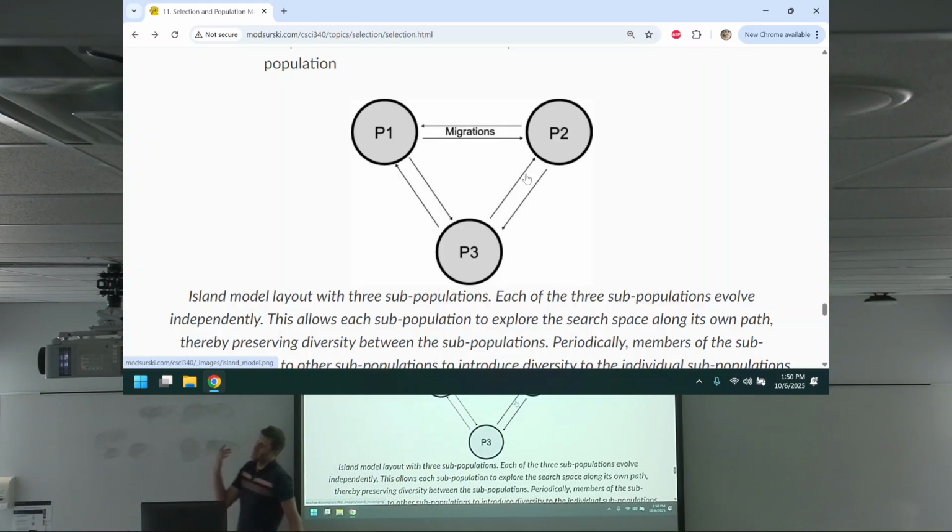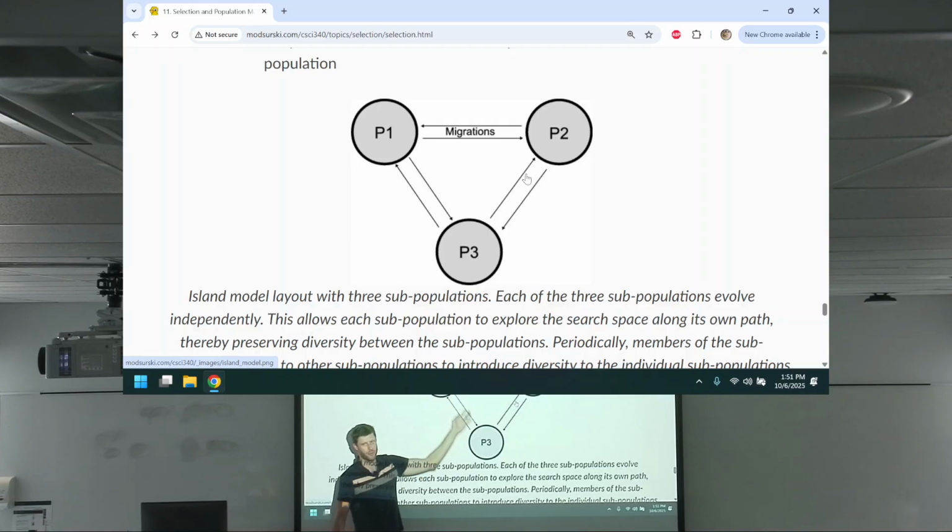Now, how you do this, you have to be careful, because it's easy to implement poorly. Because the problem is, if the number of migrants, in my opinion, if you go in the literature and conferences where people are talking about it, they always allow for a small number of things to migrate.